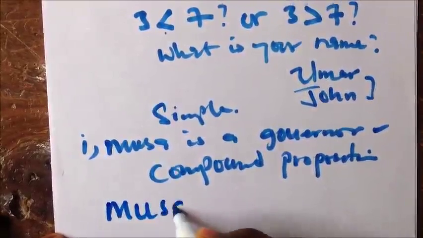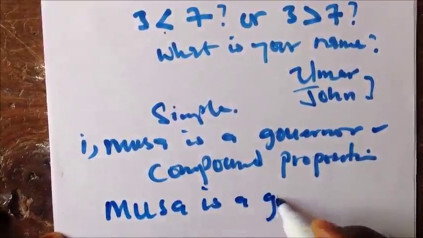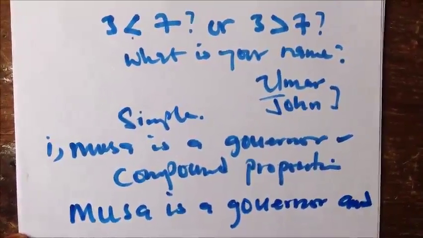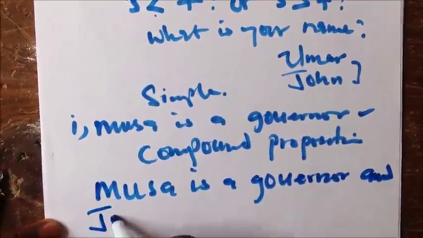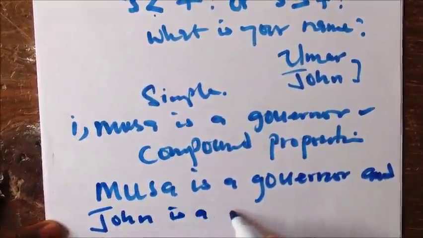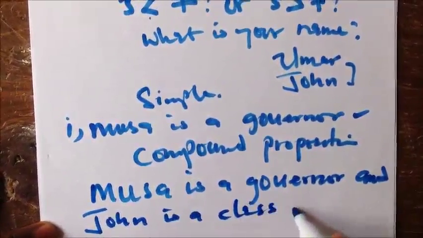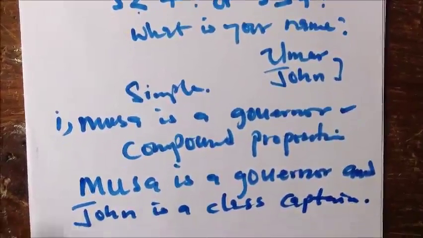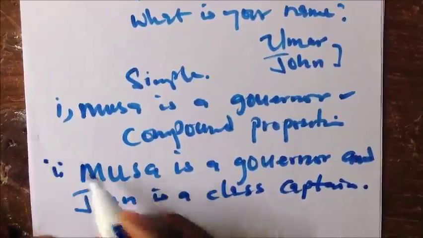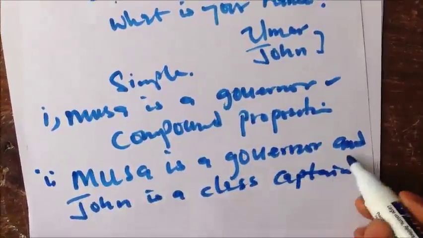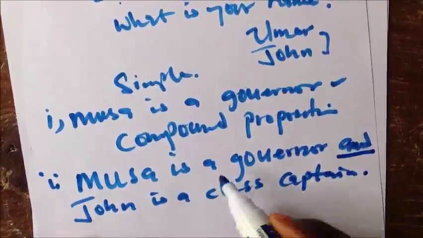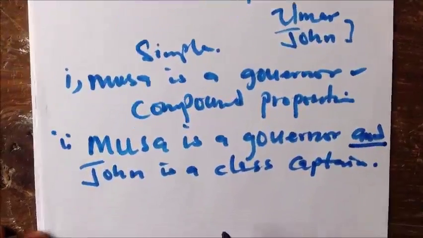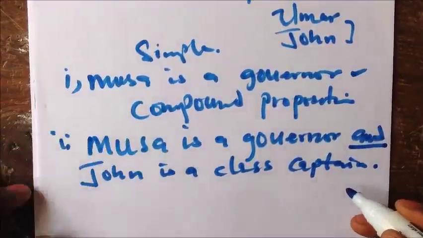Musa is a governor and John is a class captain. You see, this is another statement. What connects the two is the word "and", which is our connective. So this is a compound statement.